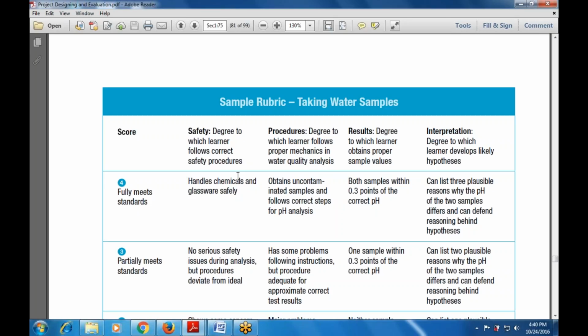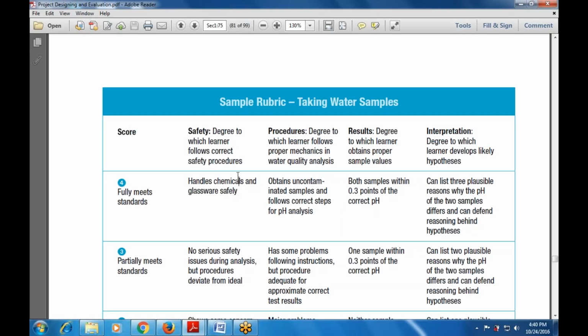Then the levels: it fully meets the standards, or it partially meets the standards. First, fully meets the standard: handles the chemicals and glassware safely, obtains the uncontaminated samples and follows the correct steps for the pH analysis, gets both samples within 0.3 points of the correct pH, and can list 3 plausible reasons why the pH of the two samples differ and defend the reasoning behind the hypothesis.